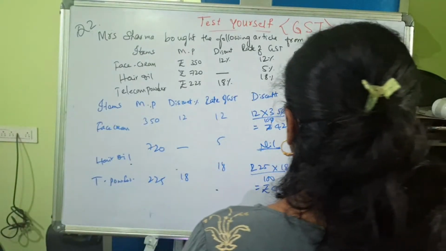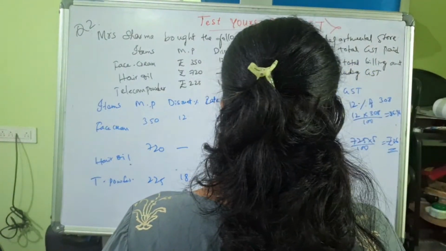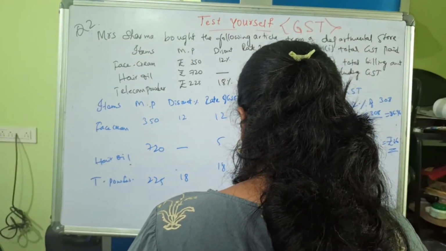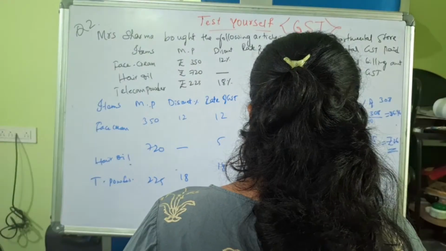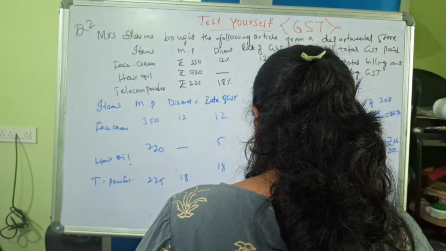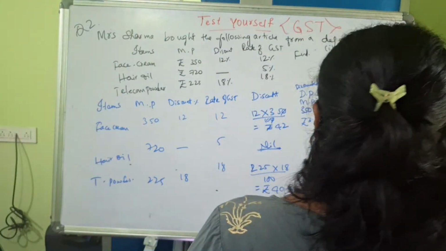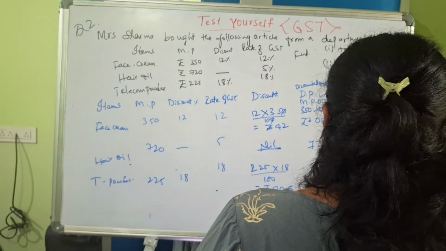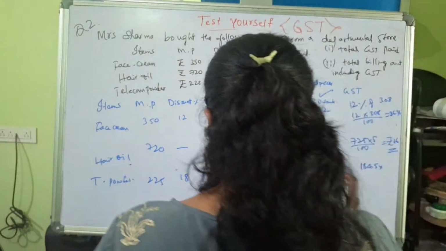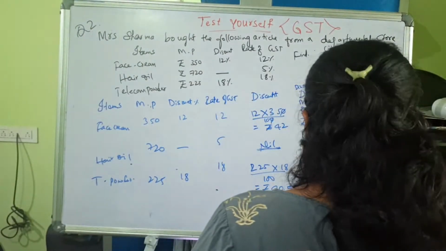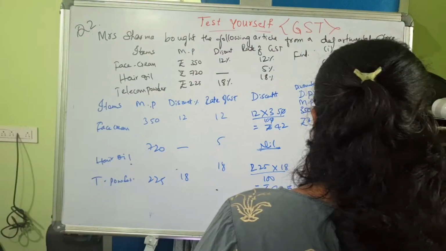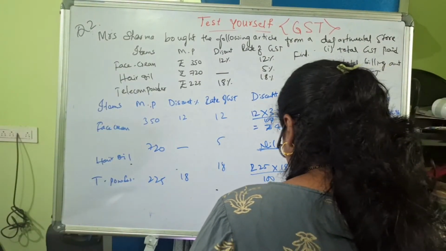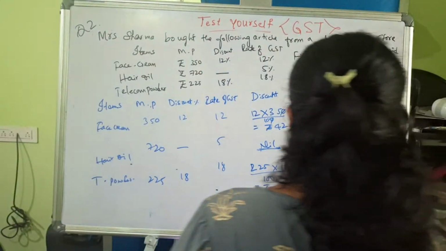So the discounted price is 225 minus 40.5, which is equal to 184 rupees 0.5. And the GST is 184.5 into 18% is 184.5 into 18 divided by 100, which is equal to 33.21. So this is the GST price.